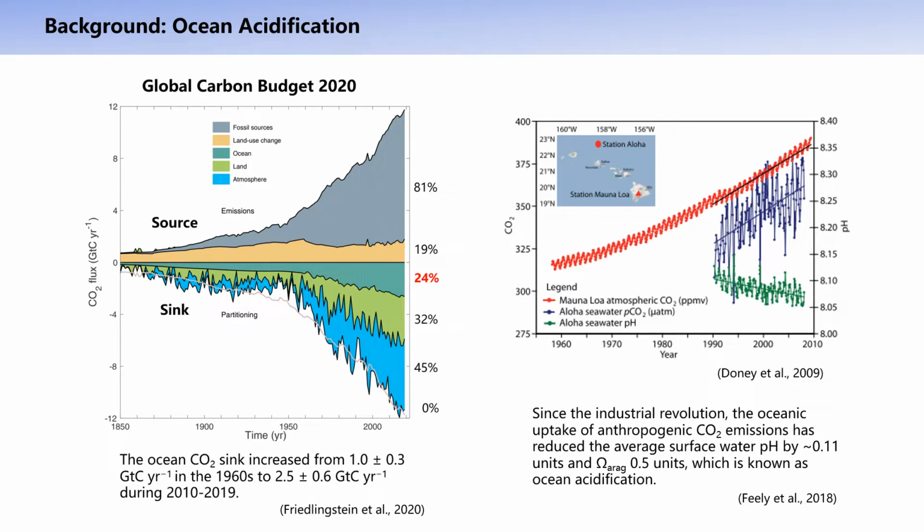That leads to the increase of surface seawater pCO2 and the declines of seawater pH and saturation state of calcium carbonate. This process is well known as ocean acidification, which is harmful to many marine calcifiers and their habitats.